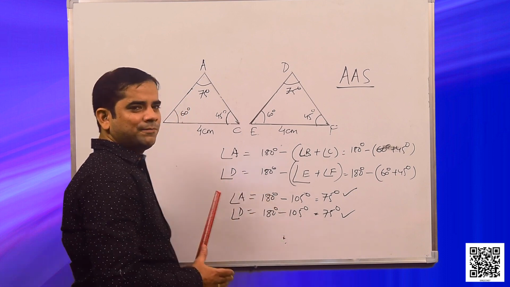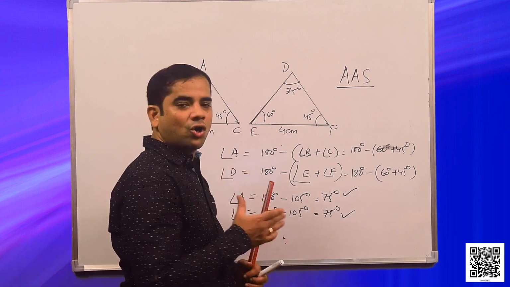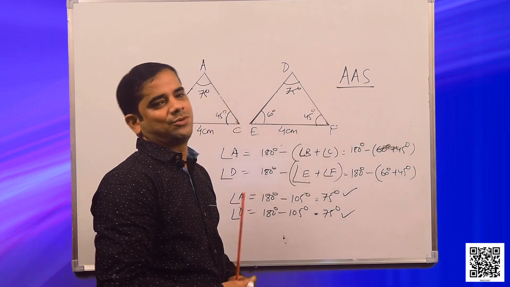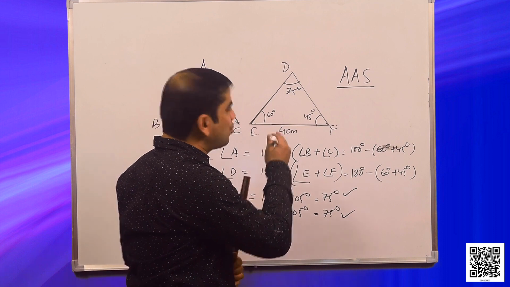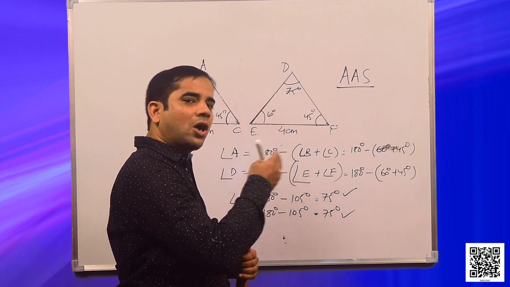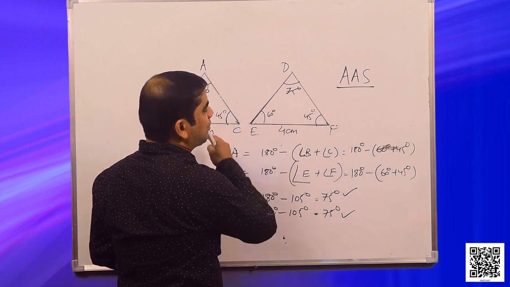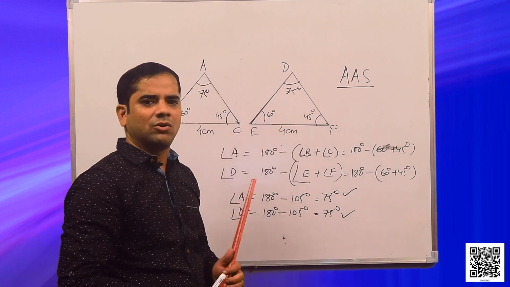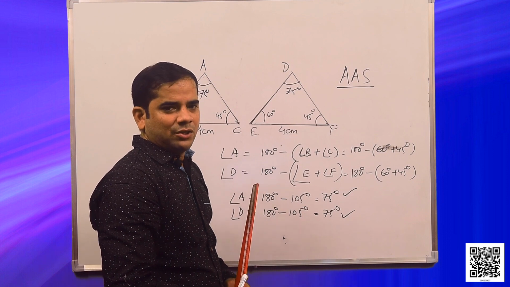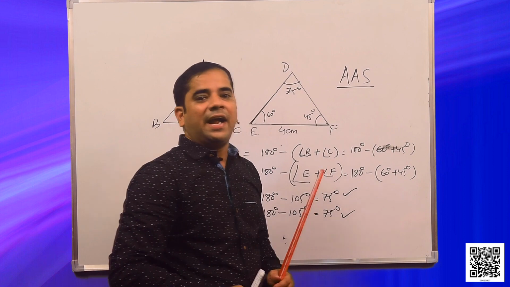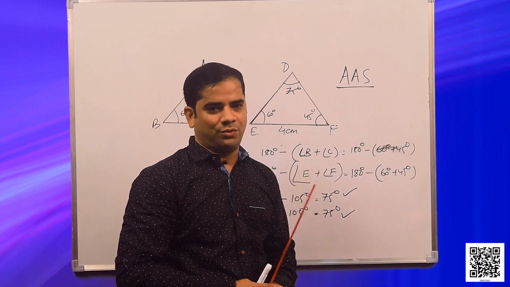So, we can say these two triangles are congruent by following AAS congruency as well. That means two pairs of angles and a corresponding side. Two pairs of angles are equal and a pair of corresponding sides are also equal. So, with this we have come to the form of AAS congruence rule.